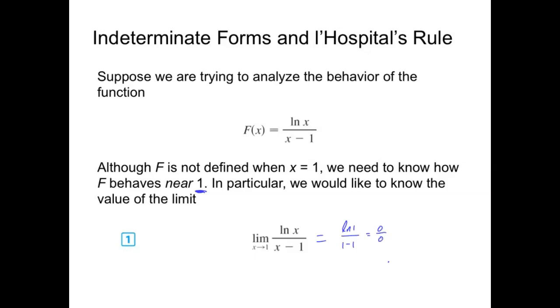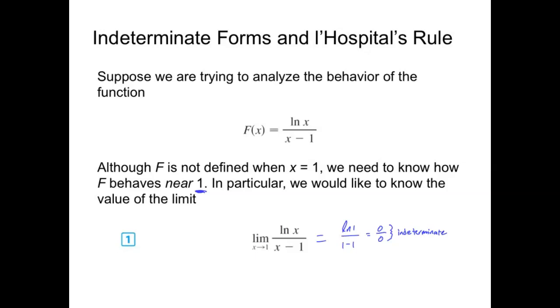Now, we had already talked about this in the past. This is not undefined. This is what we call an indeterminate form, which means it may exist or it may not exist. We just can't currently tell in the form that we have.